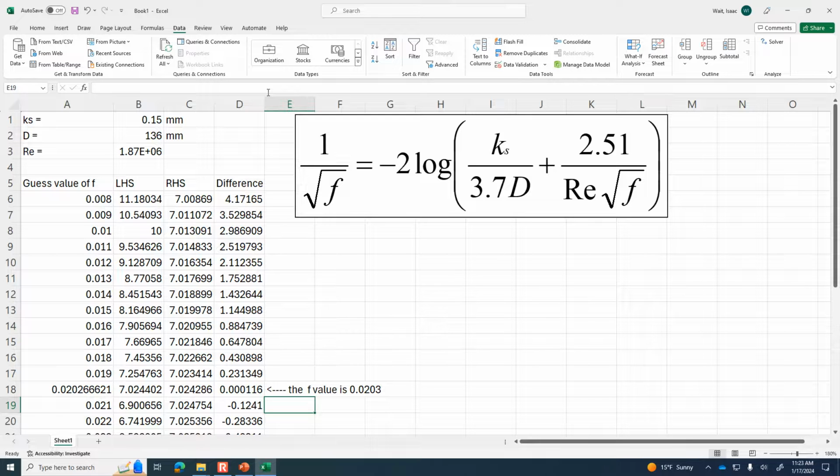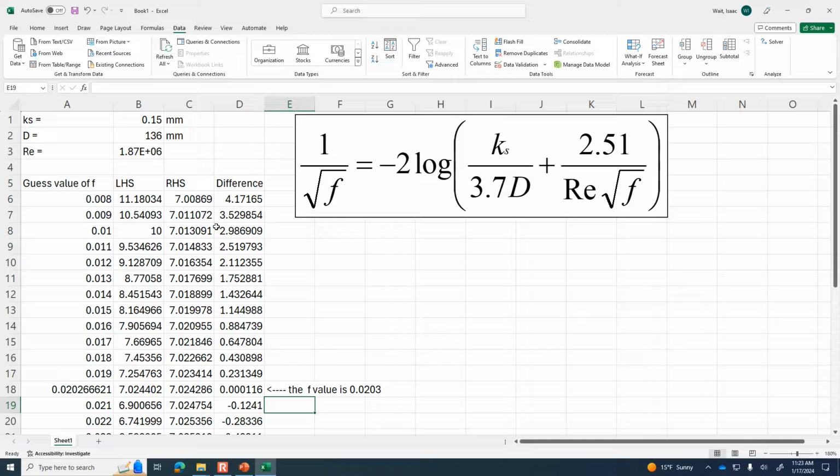Because it's implicit, it's a trial and error approach. But if we're using the computer for hydraulic calculations like we will with WaterGEMS, it will use the Colebrook equation in the background, and we don't have to think about the fact that it's implicit and iterative and time consuming, because it won't feel time consuming. It'll just do it automatically.